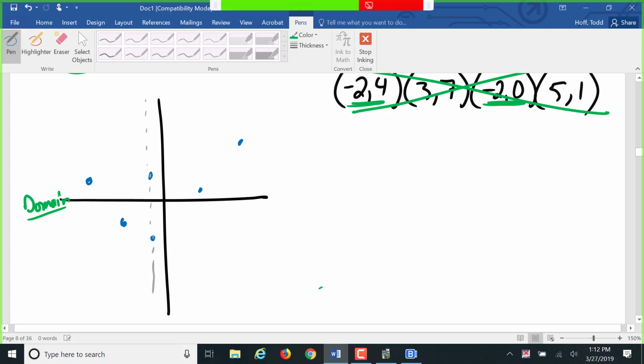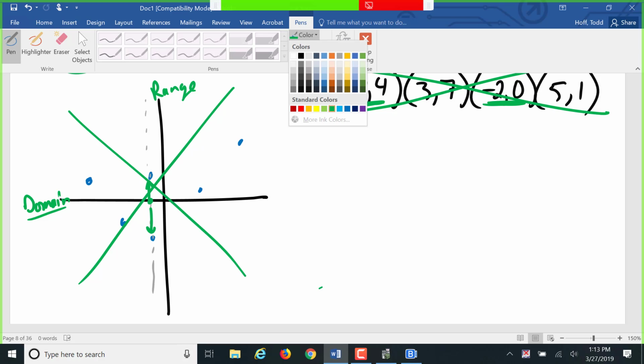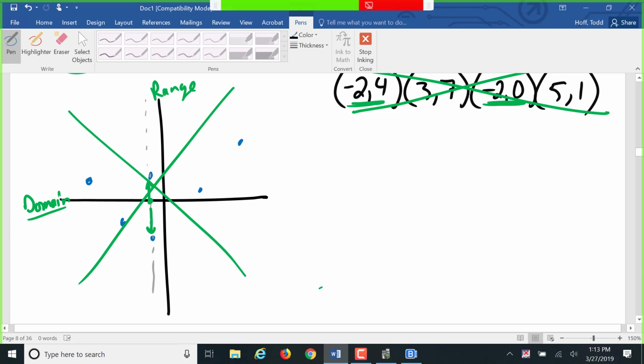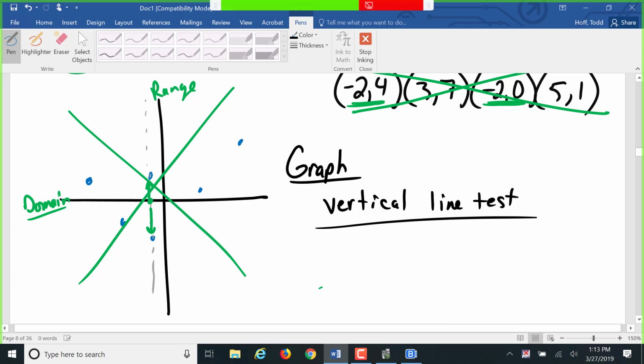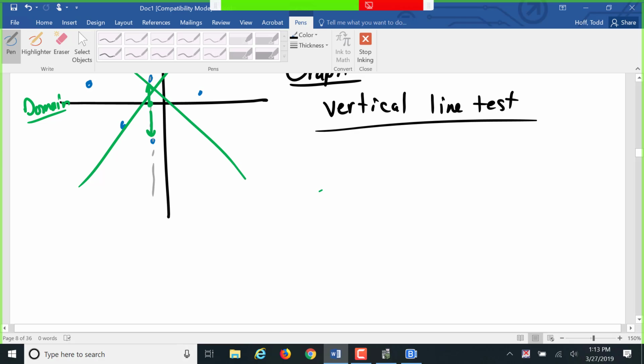That's the x-axis. The range is the y values. Here, this value in the domain goes to two different values in the range. That's not a function. When we're dealing with a graph, there is a shortcut for telling if it is a function. It's called a vertical line test. When I look at a graph, even if it's not just points, it might be a curve.